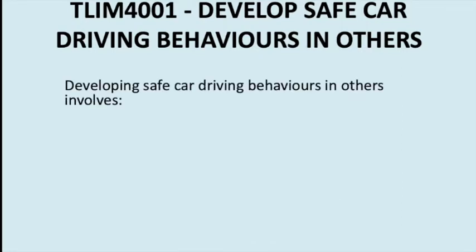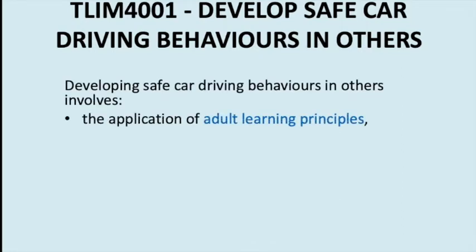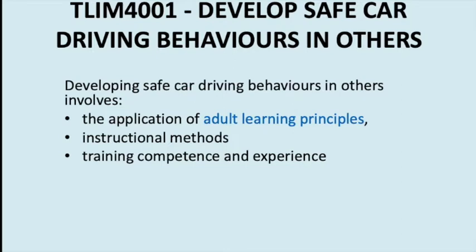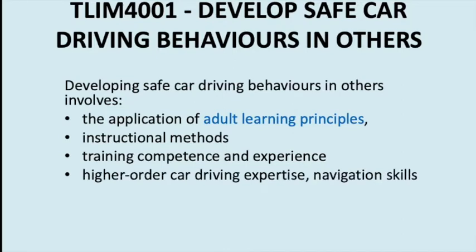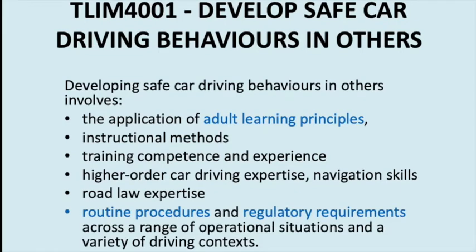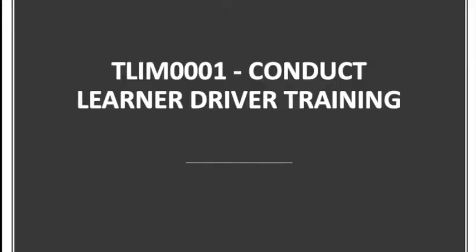Developing safe car driving behaviours in others involves the application of adult learning principles, instructional methods, training competence and experience, higher order car driving experience, navigation skills, road law expertise, and routine procedures and regulatory requirements across a range of operational situations and a variety of driving contexts.